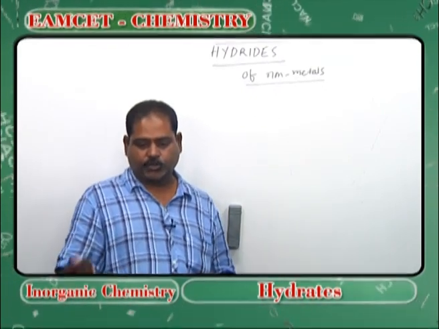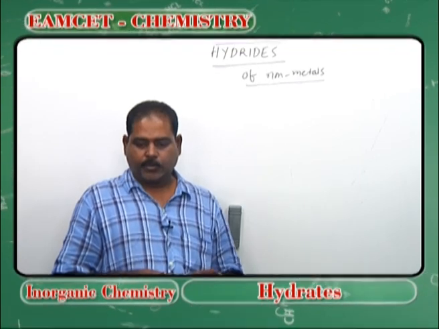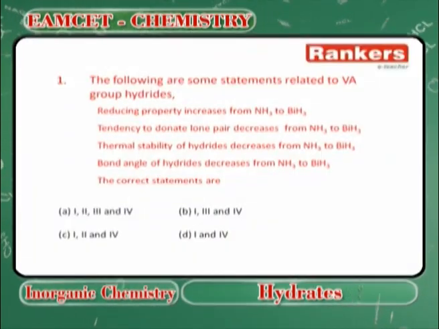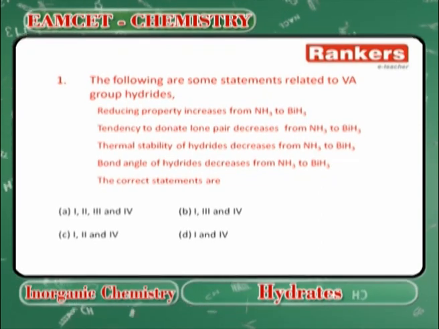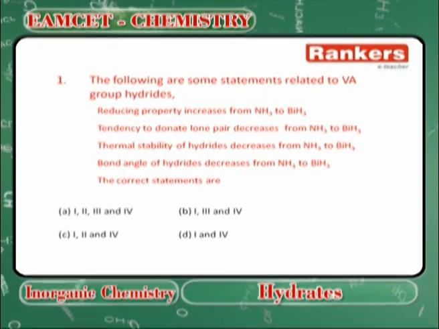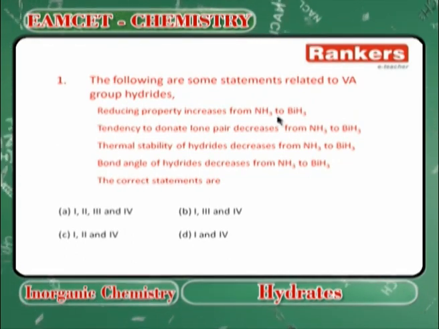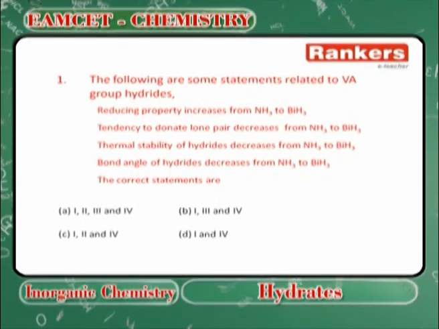Let us look at some questions. First question. Have you got the question on your screen? The following are some statements related to 5A group hydrides. Reducing property increases from NH3 to BiH3. Do we agree? From NH3 to BiH3, what is happening? We have already discussed.